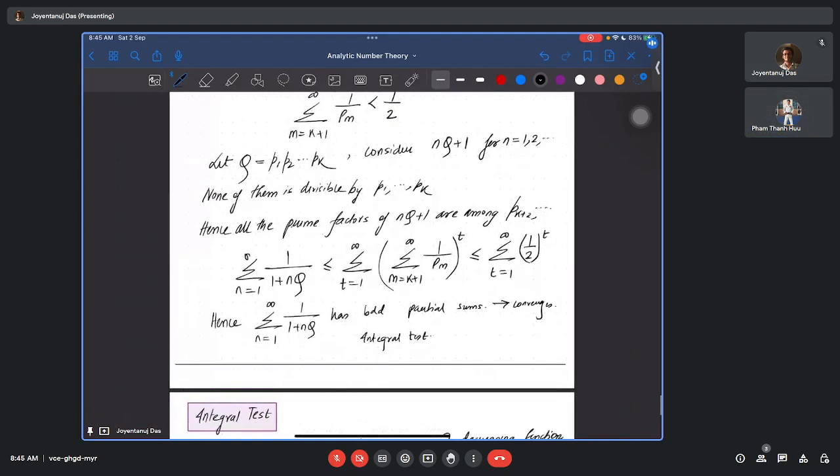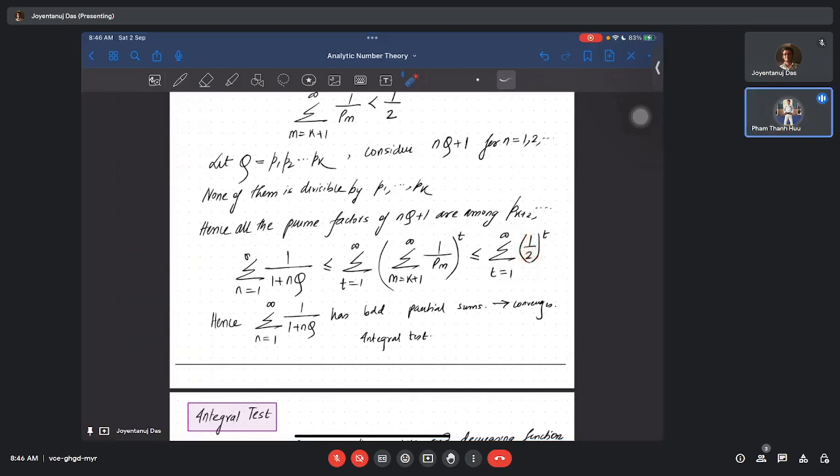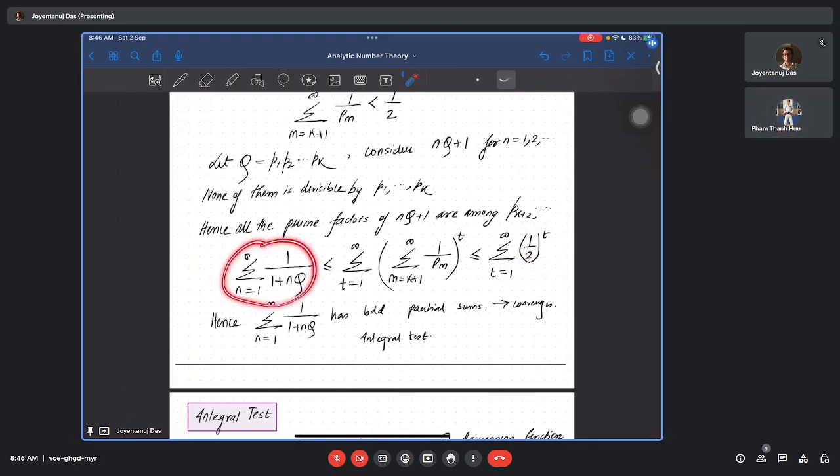But that is the contradiction that we got. We got that every partial sum, for n equals 1 to r, is bounded, because this geometric series is bounded since the common ratio is less than 1. So every partial sum is bounded, but the original series is divergent.